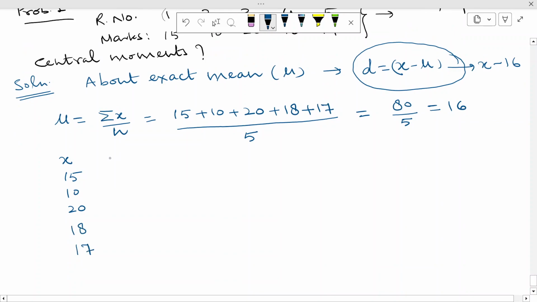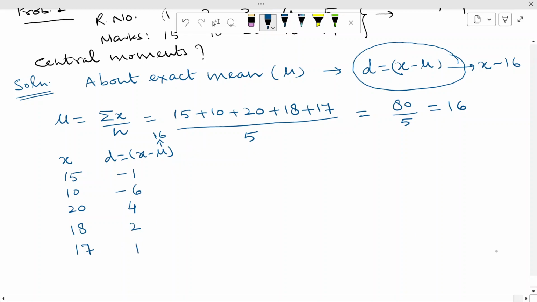Now we calculate d, which is x minus mu, or you can write this as x minus 16. Okay, so 15 minus 16 is simply minus 1. 10 minus 16 is minus 6. This is 4, this is 2, and this is 1.